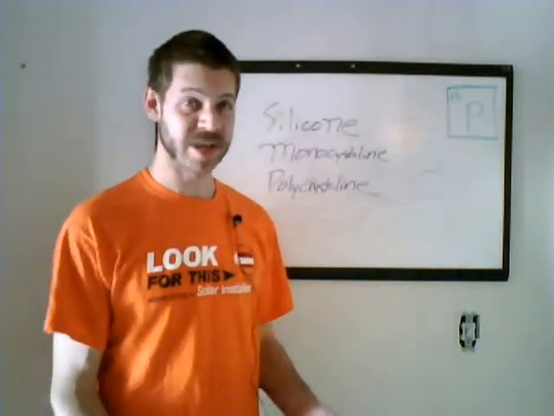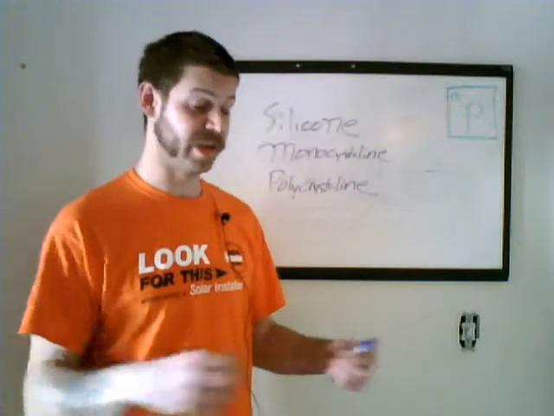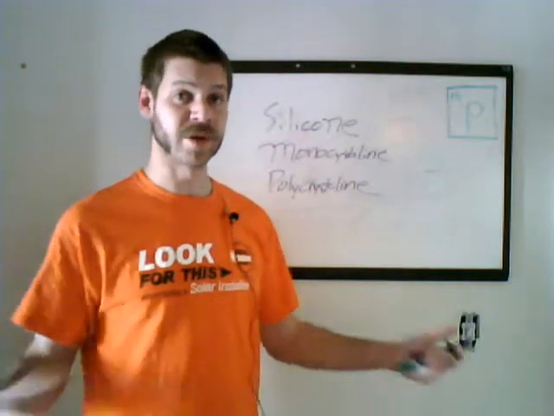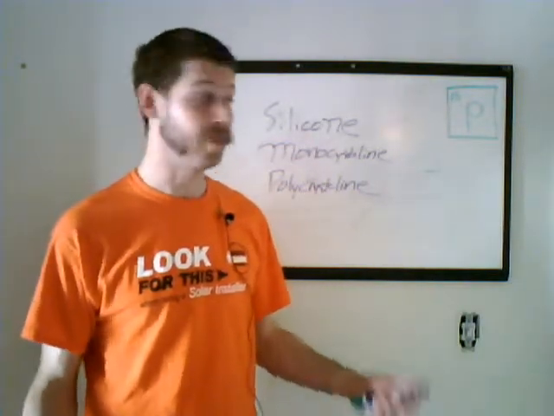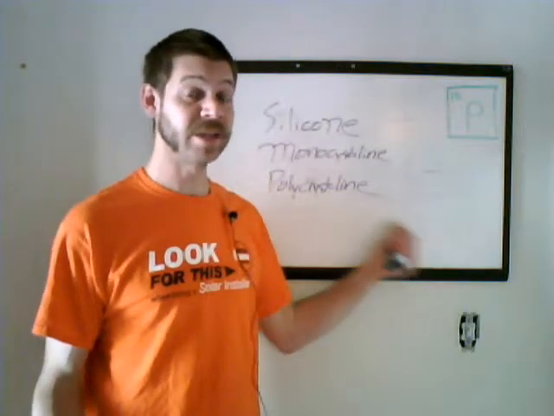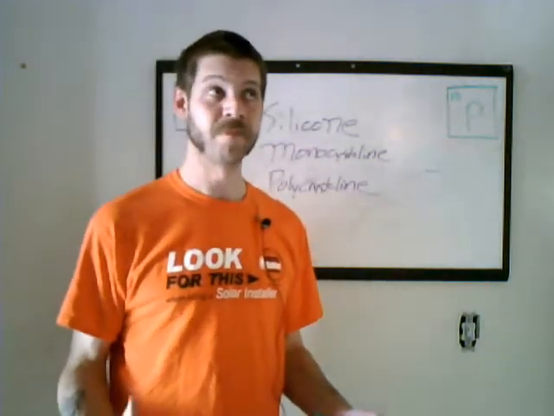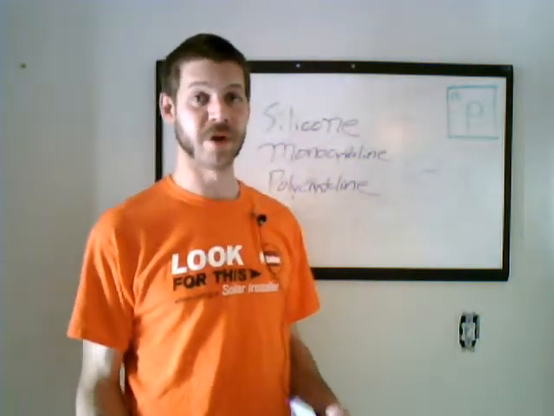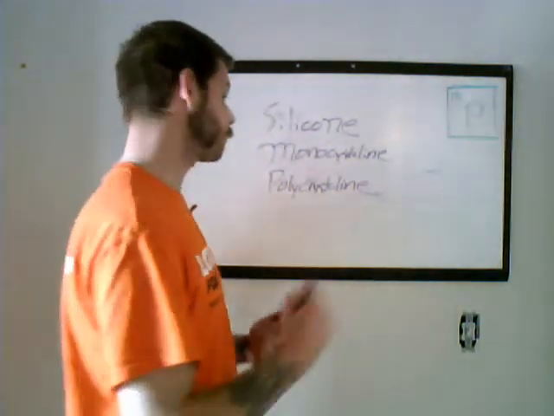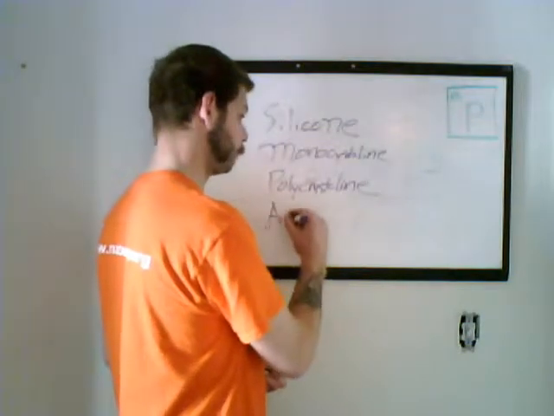That doesn't produce the same singular crystal throughout the entire block. That's why it's a polycrystalline cell. Polycrystalline cells are generally less efficient, however, not inefficient. Many of the cells that people put on their homes are polycrystalline cells. There's an amorphous silicon too.